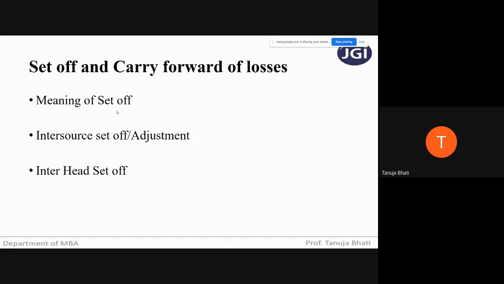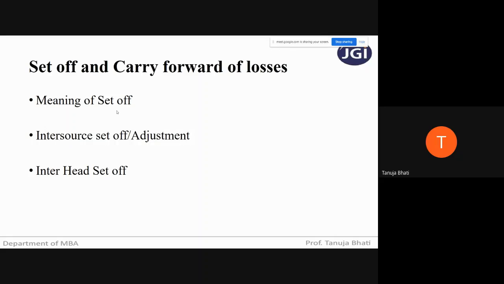So when you are setting off the losses against the profit from the same source, it is called inter-source set off. But suppose you are adjusting the losses against the profit from a different source, so suppose loss from house property, you're going to set it off against the income from business, then that becomes inter-head set off.